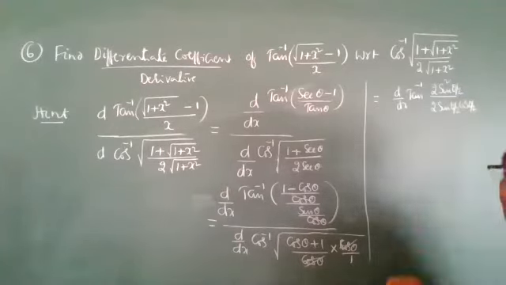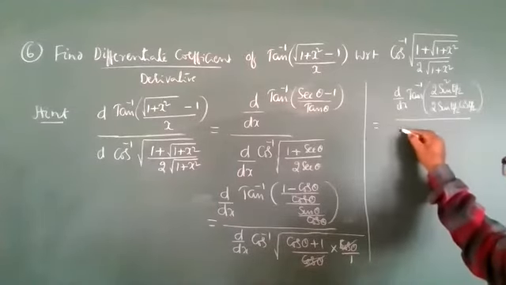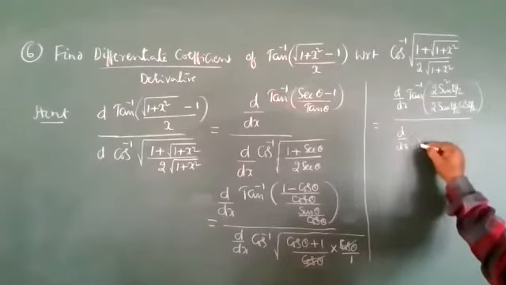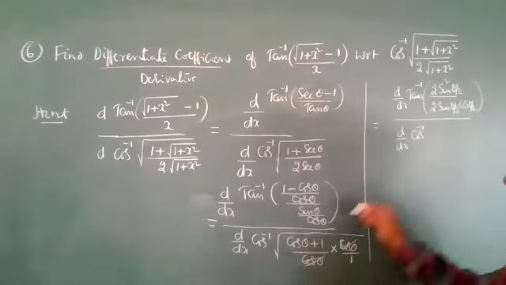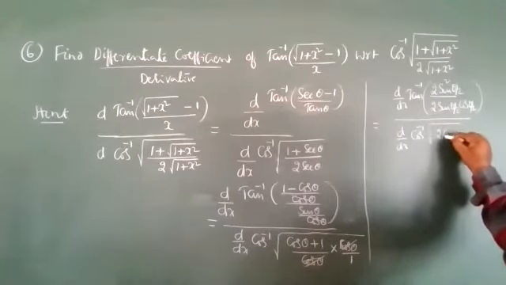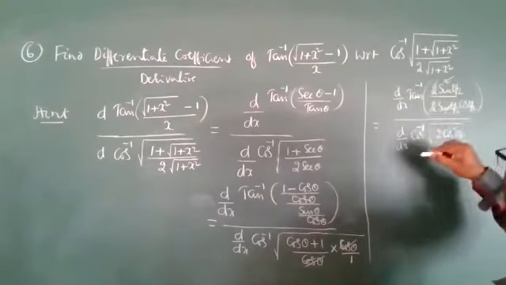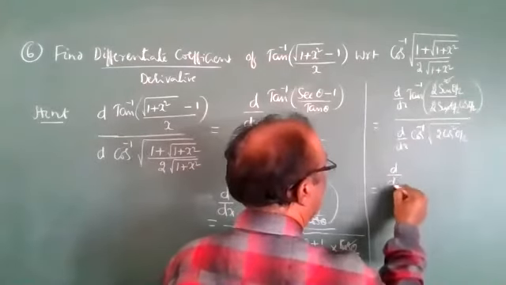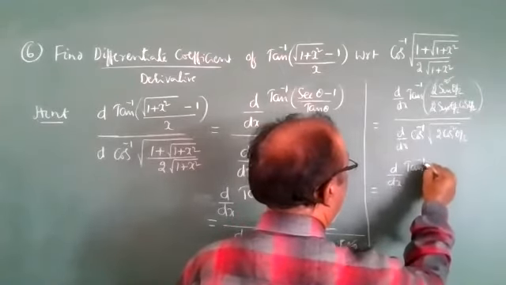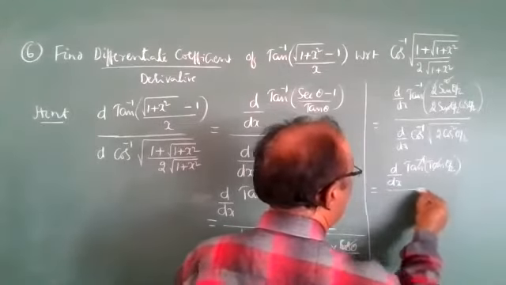Simplify the denominator: d by dx of cos inverse of root of 1 plus cos theta, and 1 plus cos theta is root over 2 cos square theta by 2. So the 2s cancel and sin theta cancels. Sin by cos is tan theta by 2, so we have tan inverse of tan of theta by 2, and tan inverse cancels.